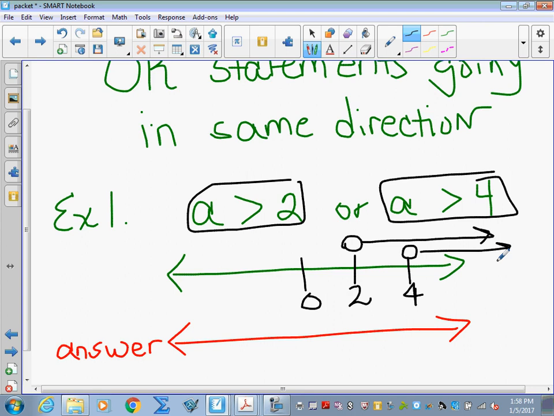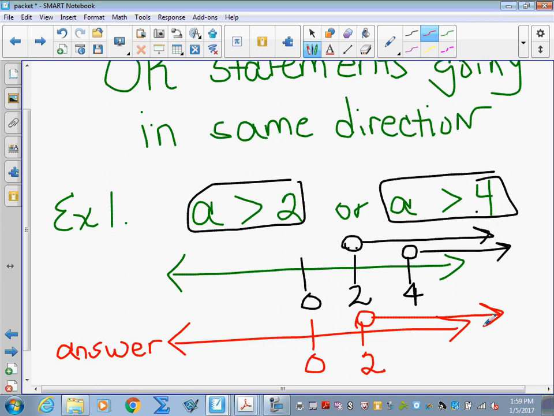So if I want to include a is greater than 4 as well as a is greater than 2, which one of these would I use that would actually include the 4 as well as the 2? The 2. Very good. So your answer graph would just have a 2 here with the open circle and shade it to the right. You do not do both when they're going in the same direction.